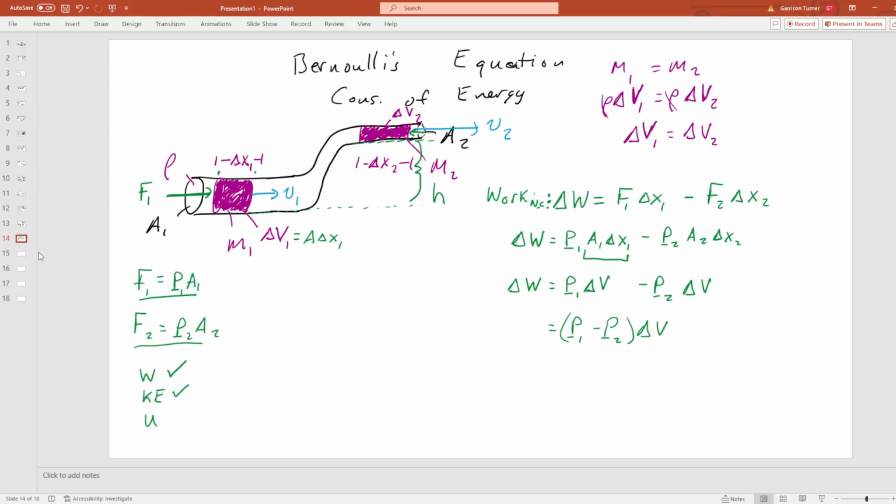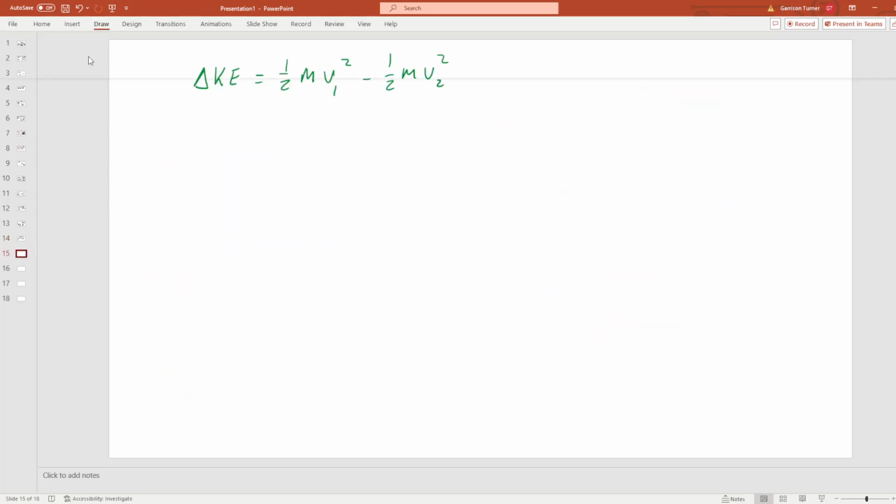And remember that mass is equal to our density times our delta V. And maybe we'll try to use script V's for velocities.